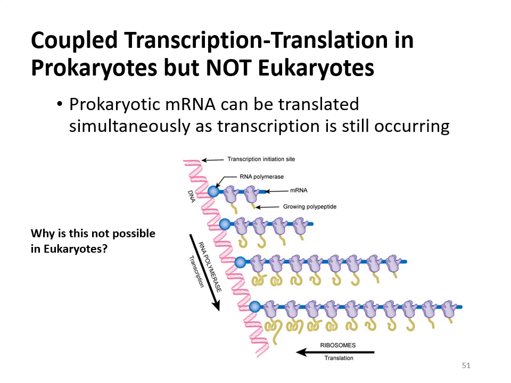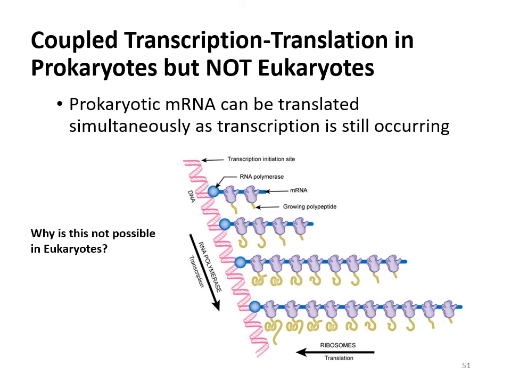Now, why can't coupled transcription translation happen in eukaryotes? Well, think about it. In eukaryotes, are the ribosomes in the same place as the DNA and RNA? No, because eukaryotes have a nucleus. Prokaryotes do not. So in eukaryotes, the DNA and the RNA is in the nucleus.